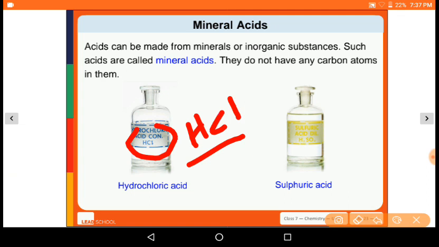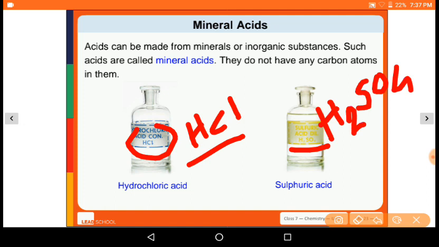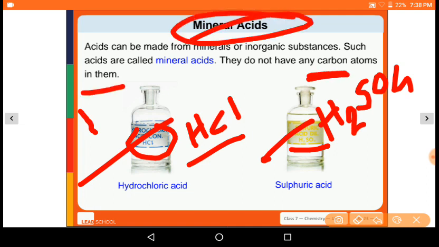And the next is sulfuric acid, H2SO4. They do not have carbon atoms in them because they are mineral acids. और इनऑर्गेनिक सब्सटेंस या मिनरल्स में से बने हुए कोई भी एसिड्स होते हैं जिसको हम मिनरल एसिड्स बोलेंगे.